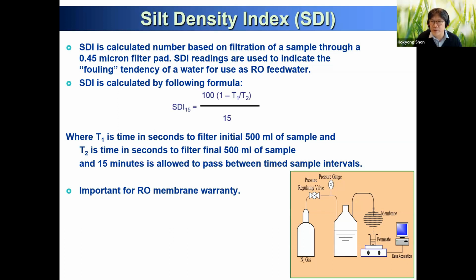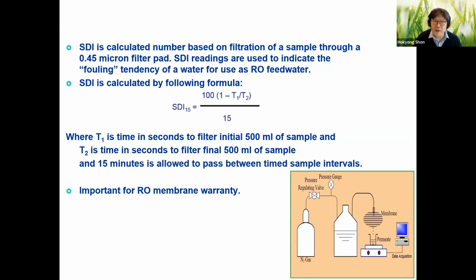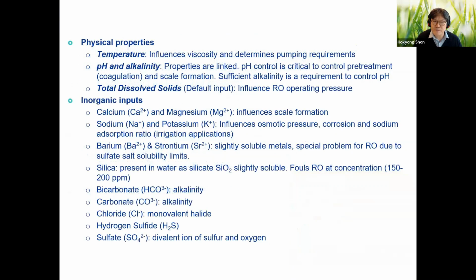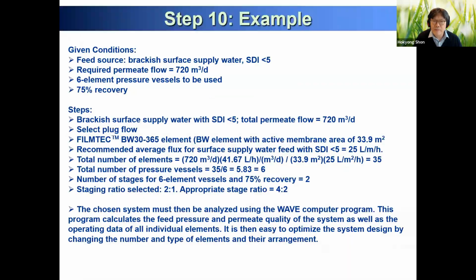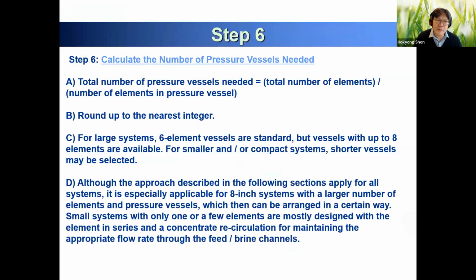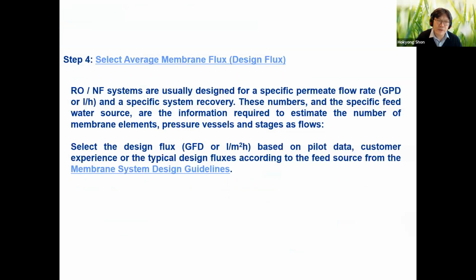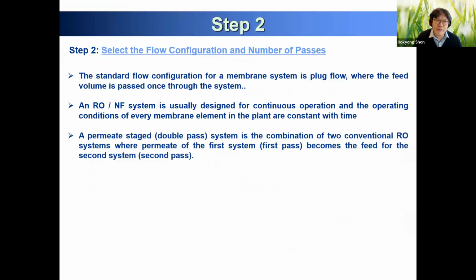The warranty is 2 years or 3 years when you have SDI less than 5, less than 3, less than 1. So that is what we recommend. You need to check this in the water quality.